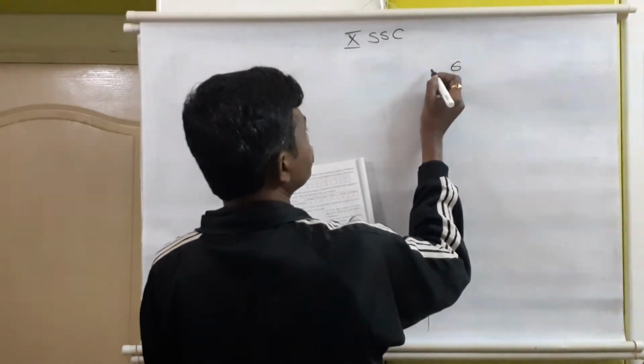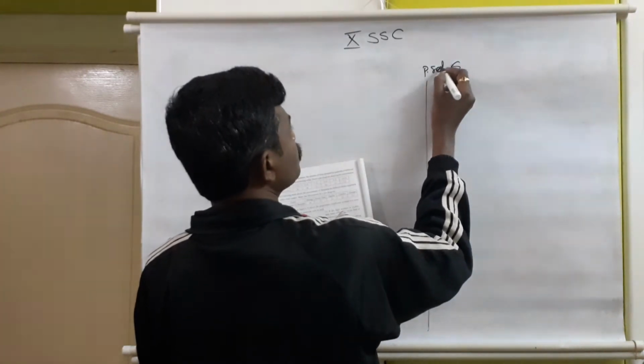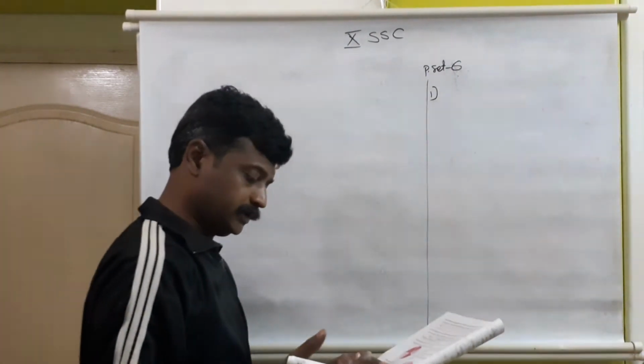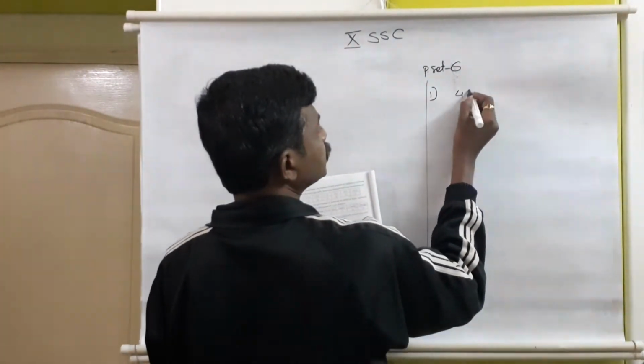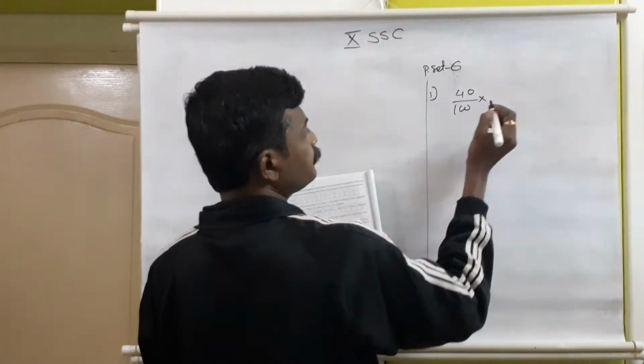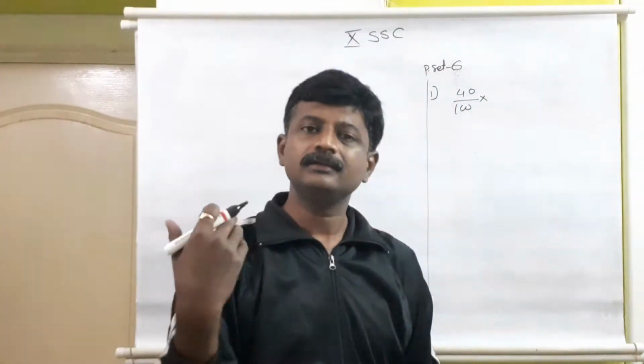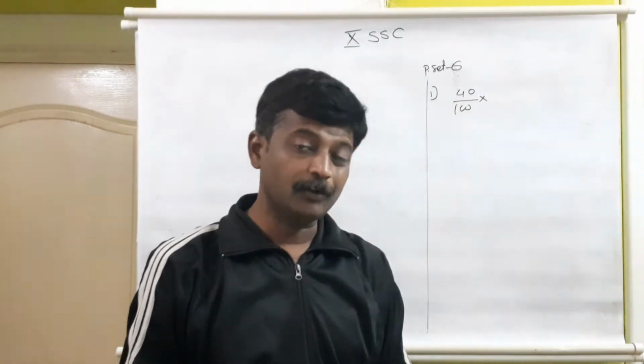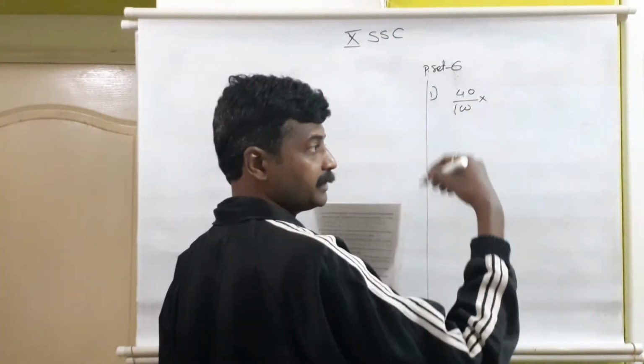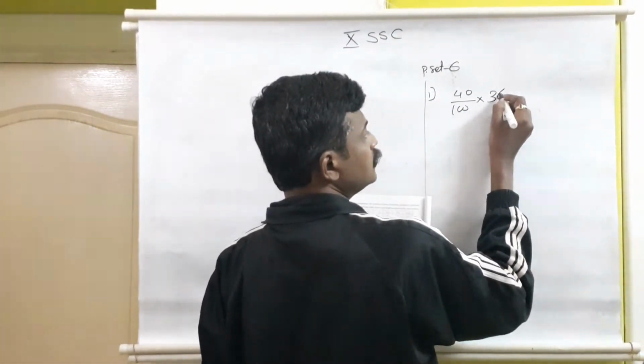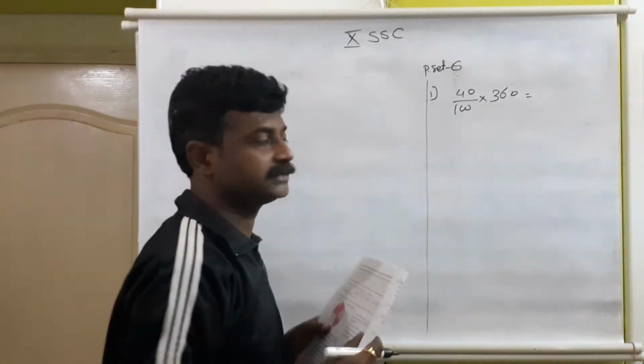Problem set 6, question number 1, objective type. Here it is given 40%. Percent means out of 100. If out of 100 it is 40, then in the form of degrees, the angular measurement of a circle is 360. So this calculation will give the correct answer.